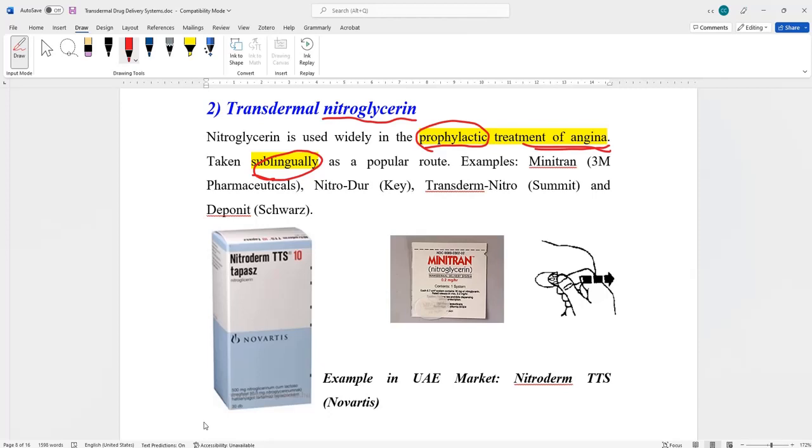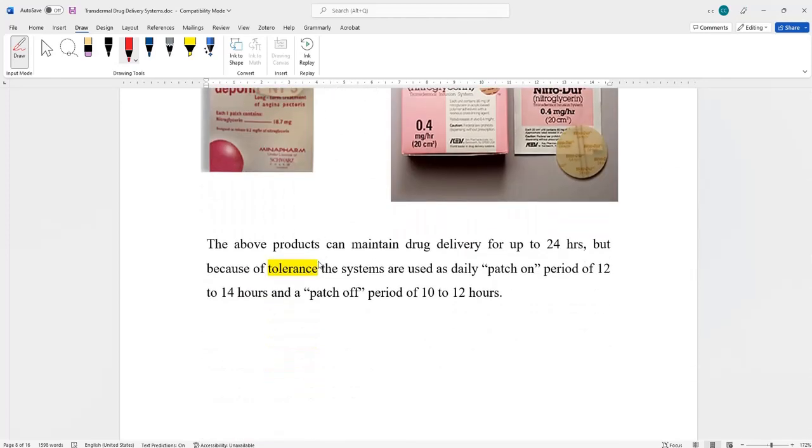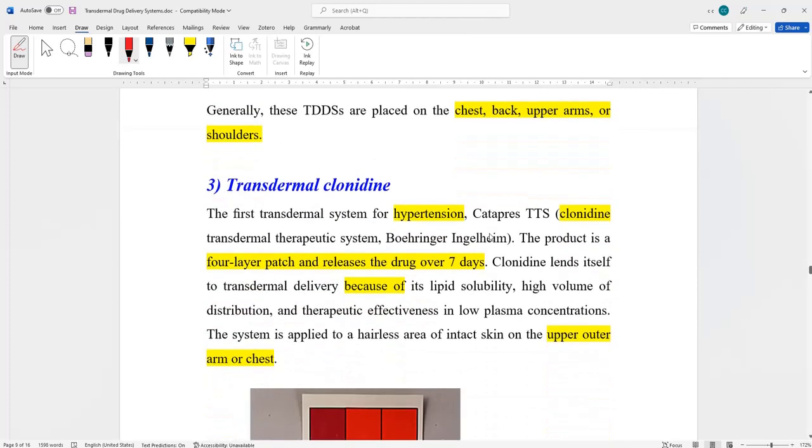The patient will develop resistance to nitroglycerin. That's why we have to put it on and then remove it the same day. Okay, on the same day, it's used 12 to 14 hours and removed for 10 to 12 hours. The placement is on the chest, on the back, upper arms or shoulders.